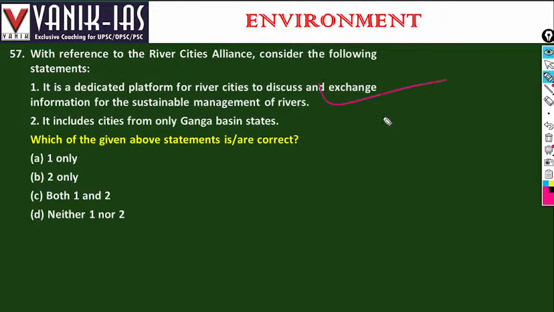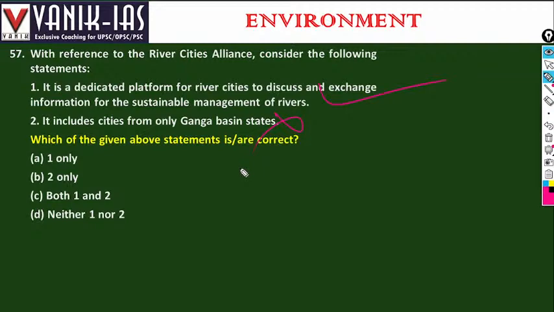Next statement is, it is only. Whenever you see the word only, I have said that generally the statements are wrong. So this statement is wrong. It cannot be only from Ganga.